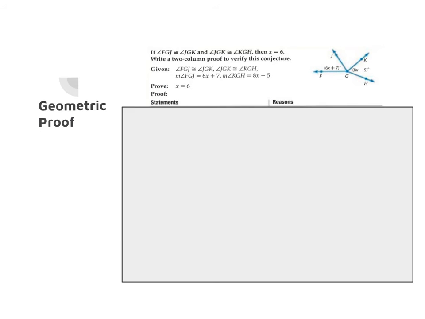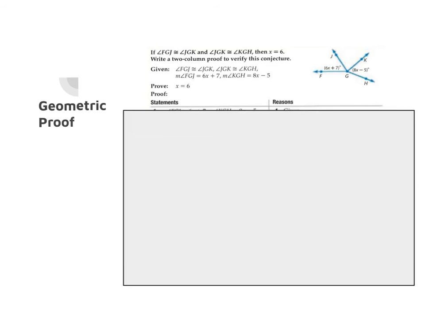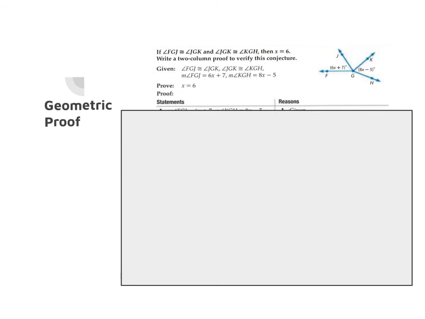Let's look again at one more example. So we are given: if angle FGJ is congruent with JGK, and JGK is congruent with KGH, then X is equal to 6.